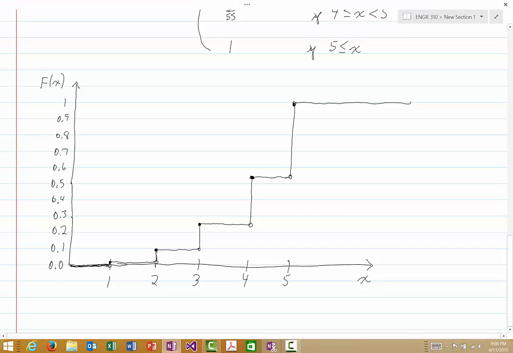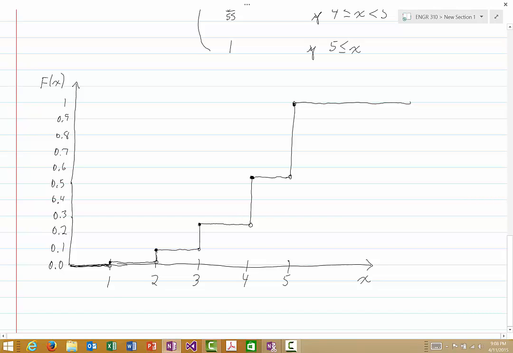In other words, as x gets bigger, capital F, well, maybe I should say, instead of increasing, it will be non-decreasing. It will never go down as you go from left to right. It may stay constant, as it does here, in between 1 and 2, or in between 2 and 3, etc., or as it does for any x greater than 5, it's constant, but it never goes down.